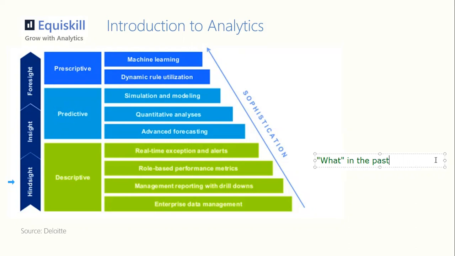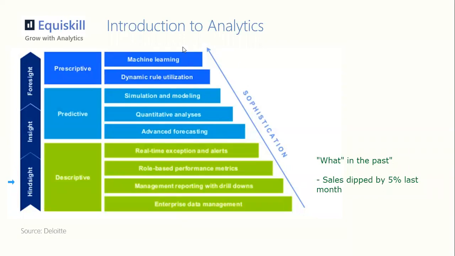And this is the essence of descriptive analytics. An example might be that the sales dipped by 5% last month. This would be one example of describing something that occurred in the past, but this is a very basic example. There are many more sophisticated things that happen in descriptive analytics.